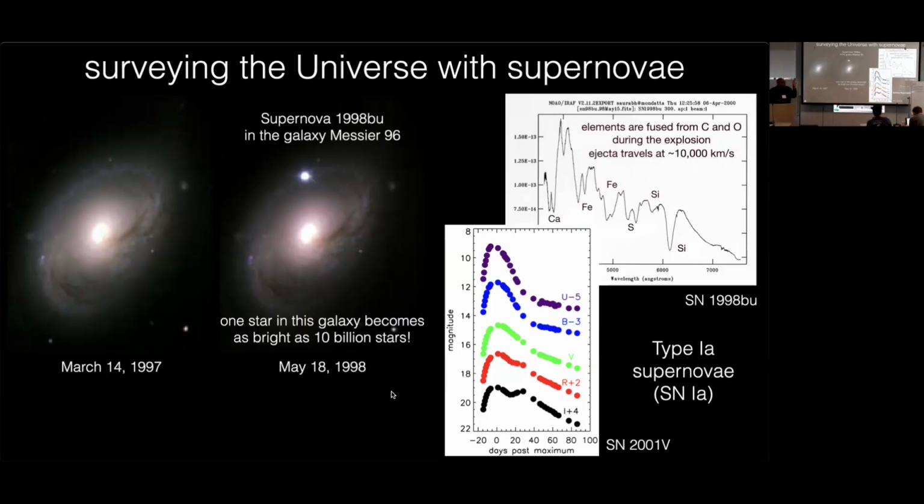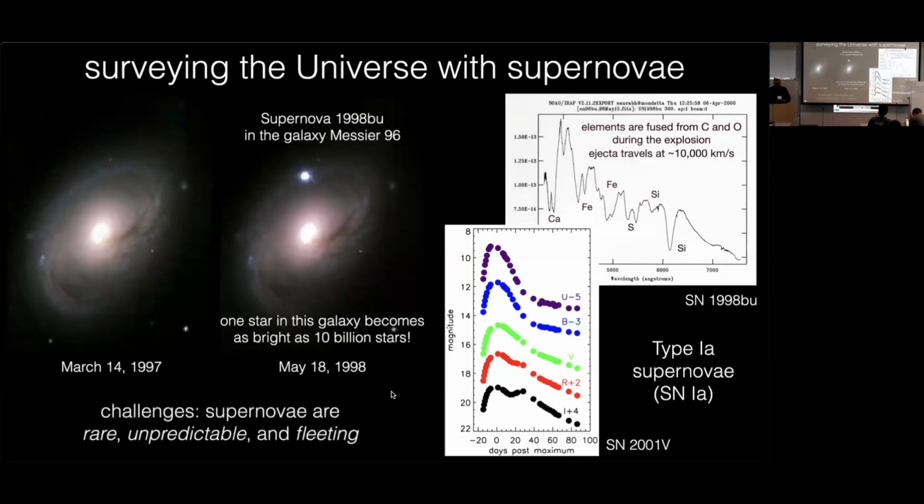So the cosmological enterprise of using these is very empirically driven and somewhat astrophysics free, but you can go a long way, Nobel Prizes and stuff with that approach. Okay, so this is one reason why we would want to study these type 1A supernovae. Of course, we also are interested in what they actually are, but this application is quite important.